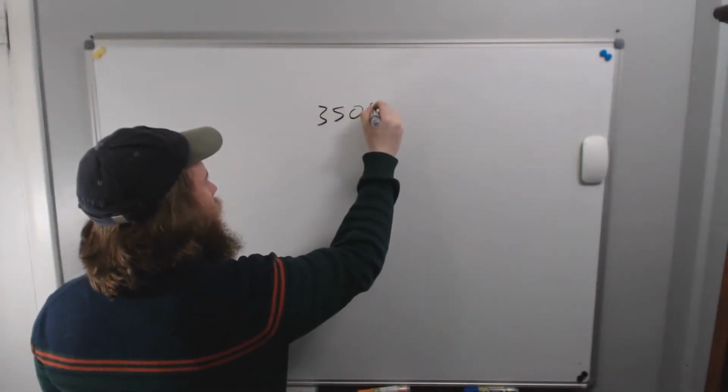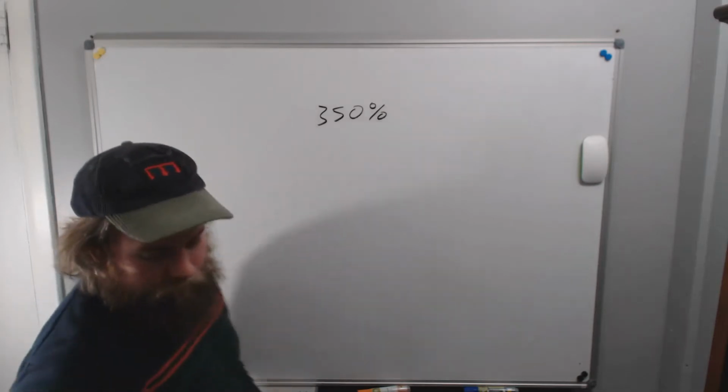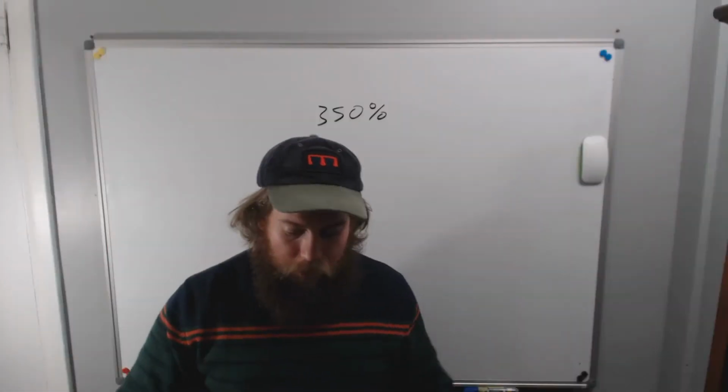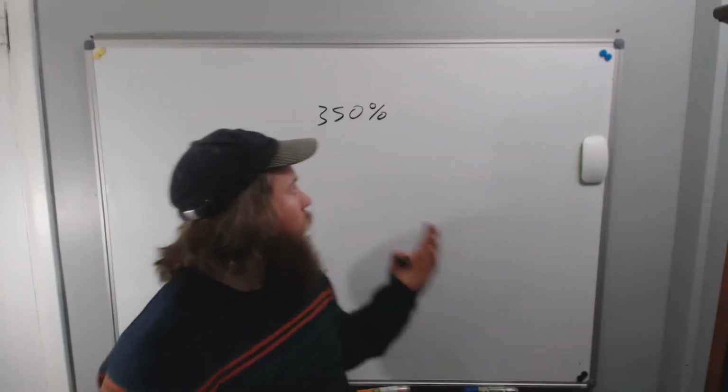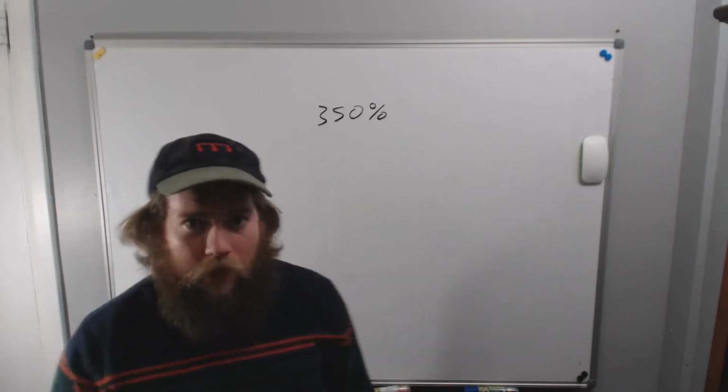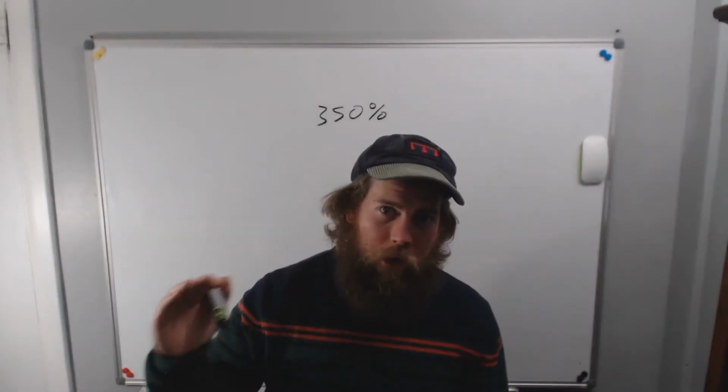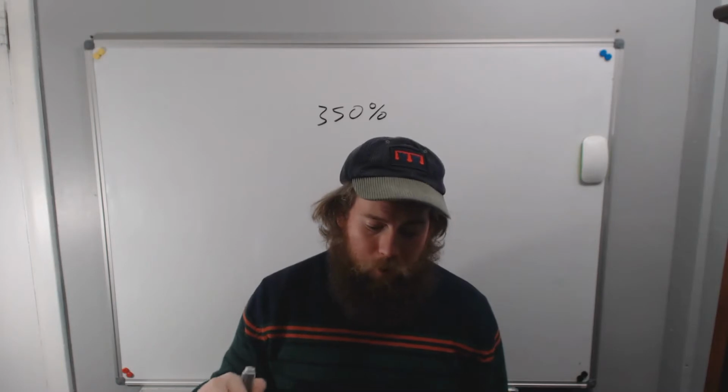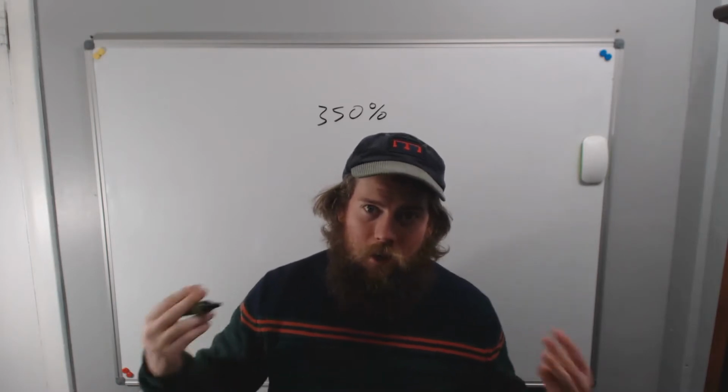A few moments later. Okay, so the first column, they just give us a percent, okay? They give us 350%. All right, and so now from this percent, we have to turn it into a fraction in simplest form, reduced, as well as a decimal.